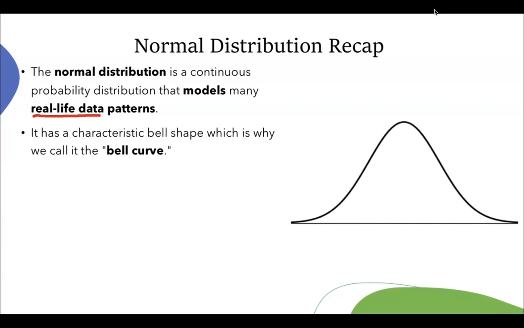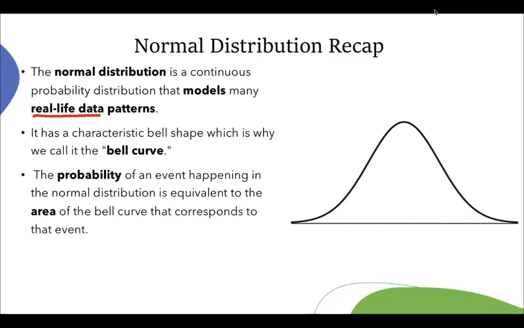And because these variables are normally distributed, we have the mathematical ability to make predictions in the population about those variables. It has this characteristic bell shape, and that's why we call it the bell curve.